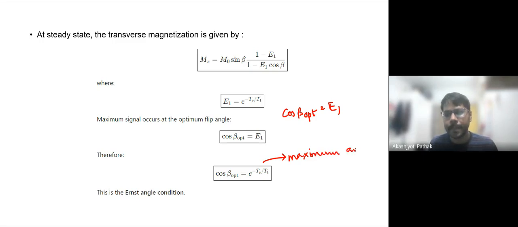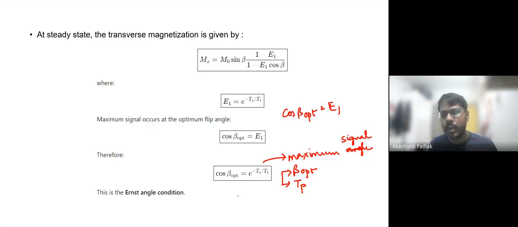So you have to optimize the beta value, the value of beta at which you get the maximum signal, which is the beta optimal value, and you have to also optimize the TP value, so that you can get the maximum signal.